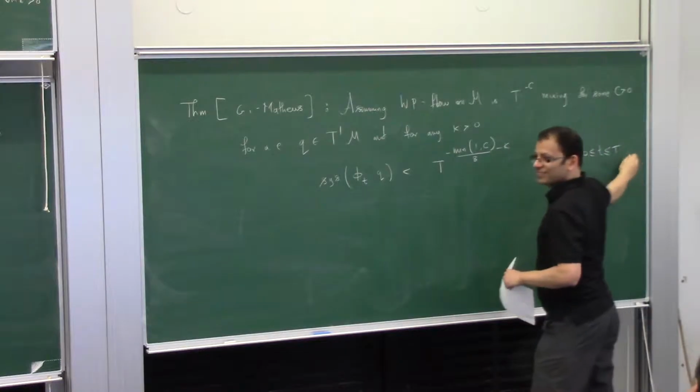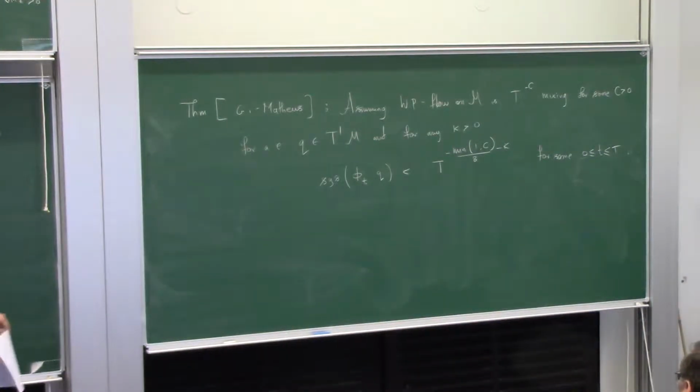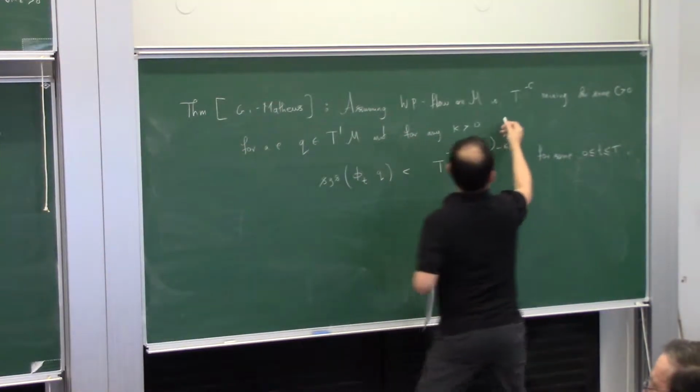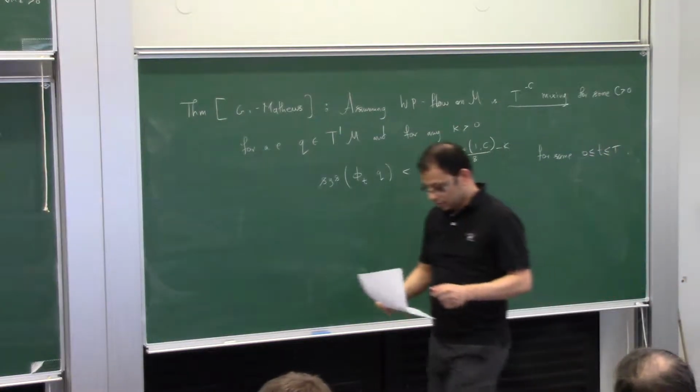So this is bounds going both ways, but it requires a mixing assumption. I'll get back to the issues of mixing of the WP flow in a second.